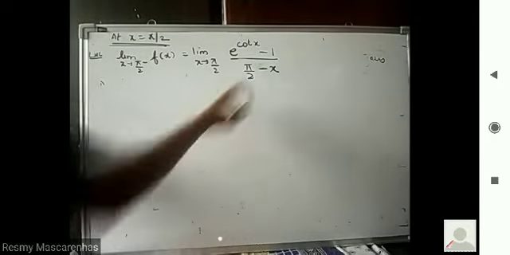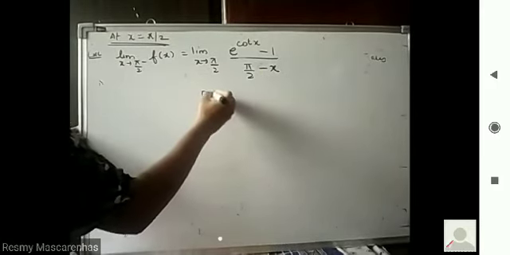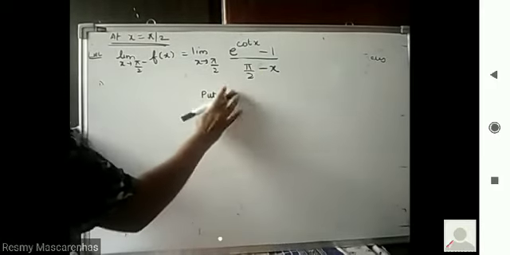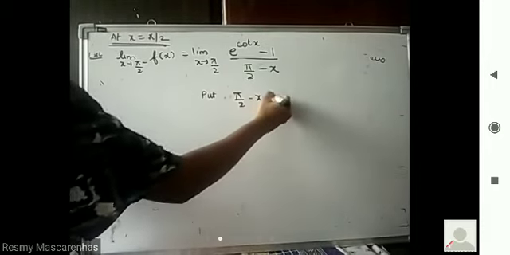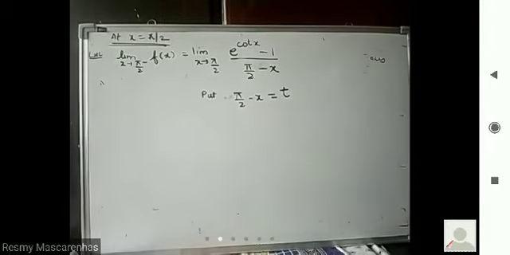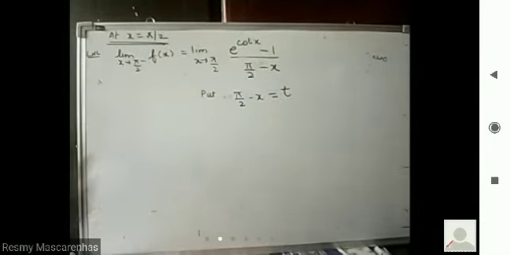So what you have to do in substitution type is, whatever is there at the denominator, you have to consider that equal to t. You can use any other letter also. Okay, so I am using the letter t. So this pi by 2 minus x should be equal to t.